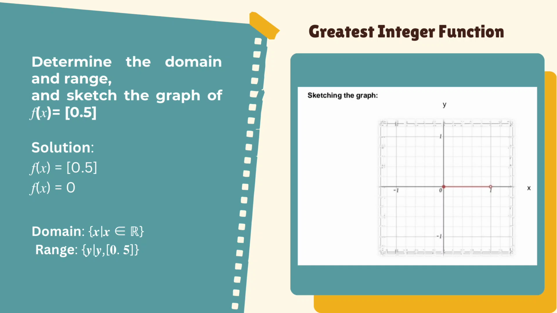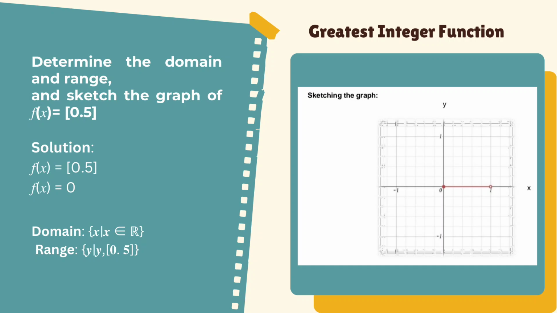The last type of function is the greatest integer function. The symbol [x] is defined as the greatest integer which is less than or equal to the number x. The greatest integer function is defined by f of x is equal to [x], the largest integer n such that n is less than or equal to x.